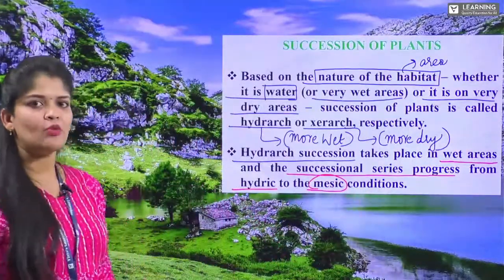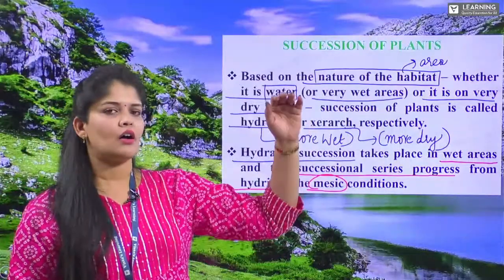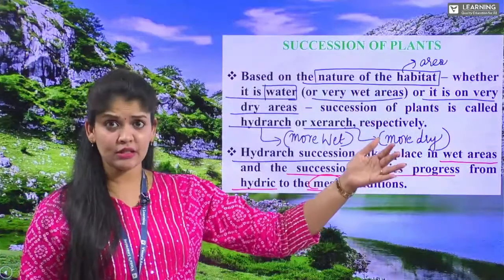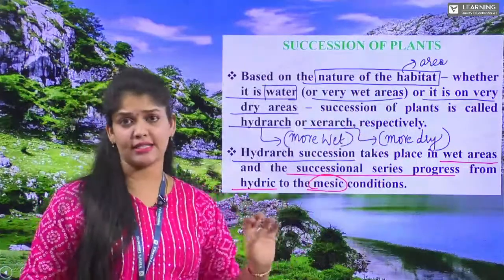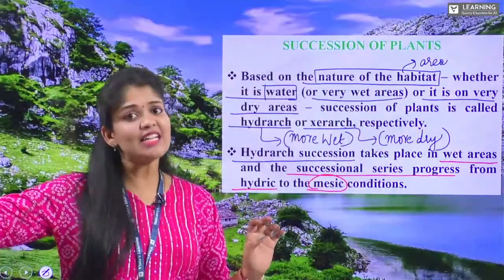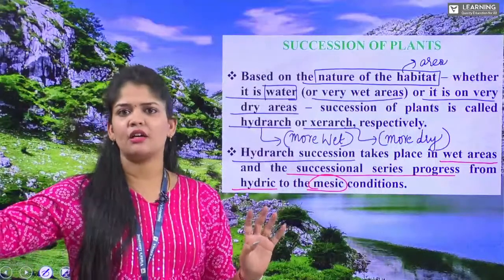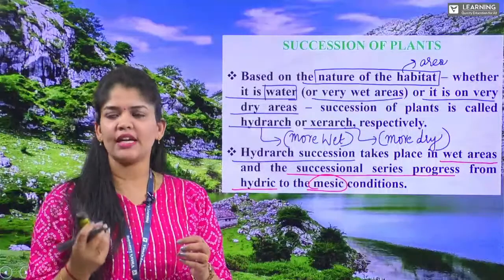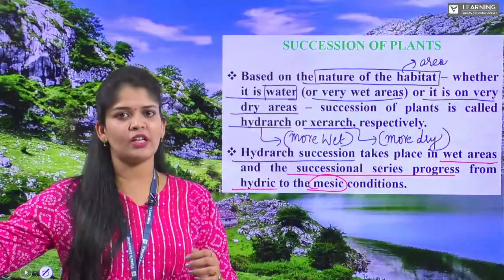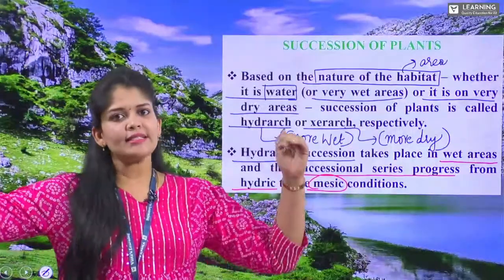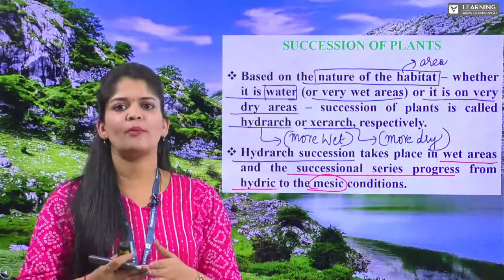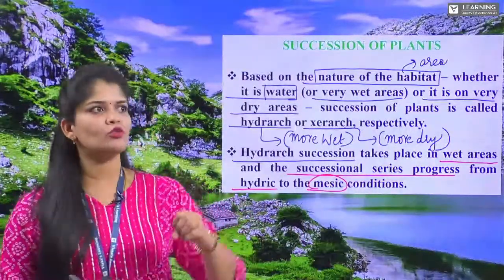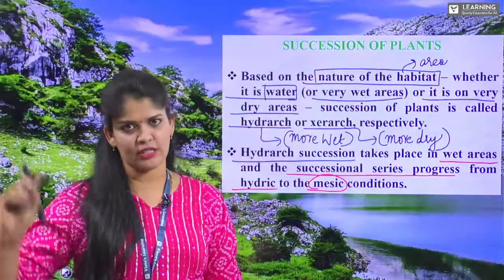Just now I mentioned whether the succession is happening from the wet habitats, which we call a hydrarch succession, or it is happening from the xerarch condition. That means where the areas are very dry in nature, dryness is more, water availability is very, very less. It starts to meet at one common point, and that is called mesarch condition. That is the availability of medium water. It is not too much dryness or too much water availability.